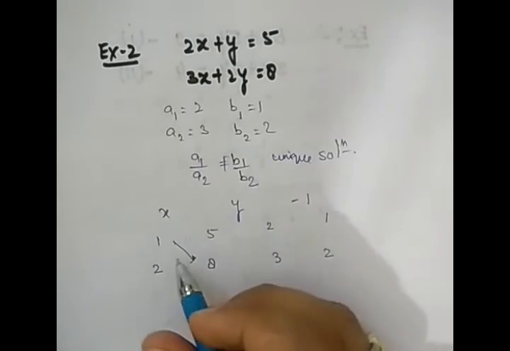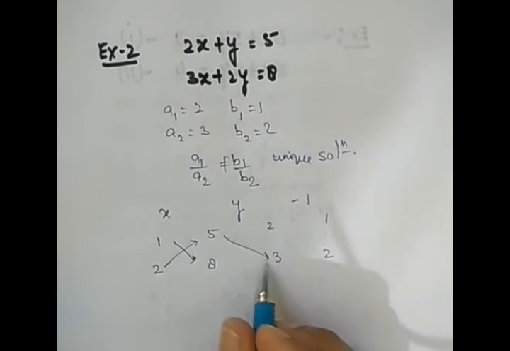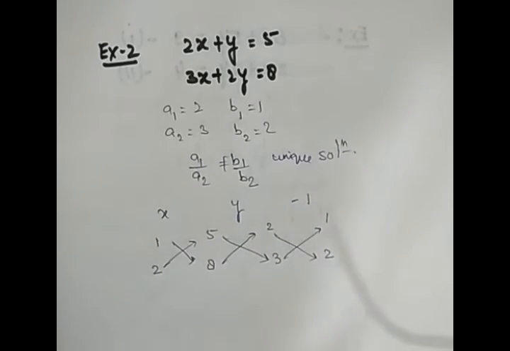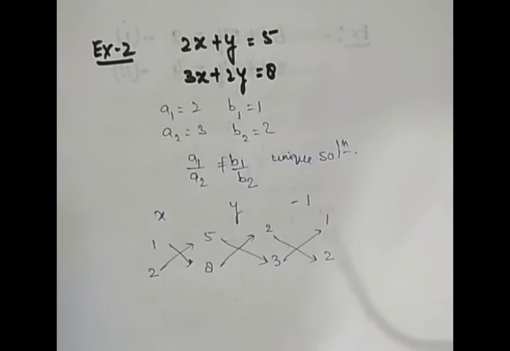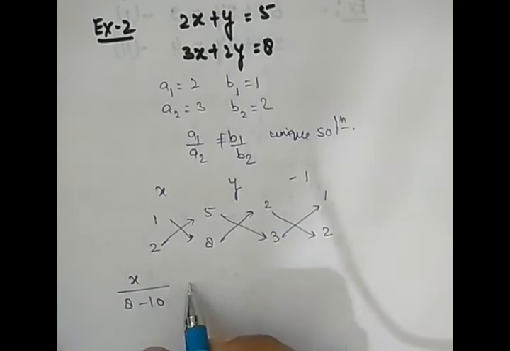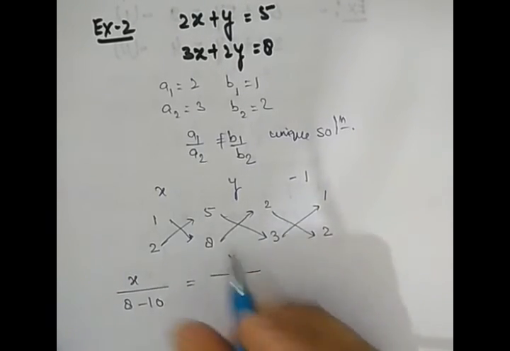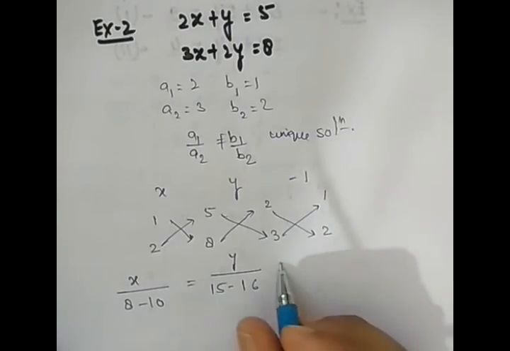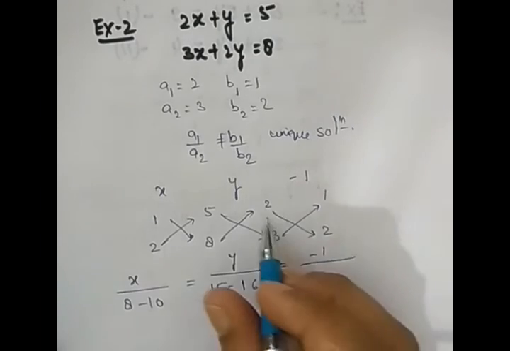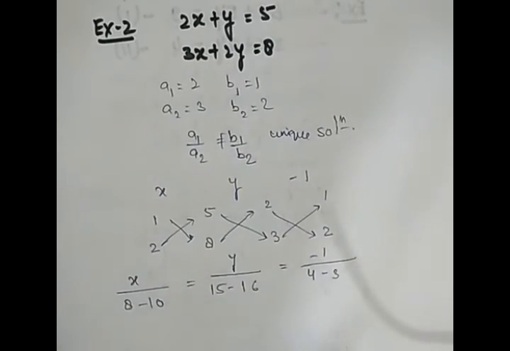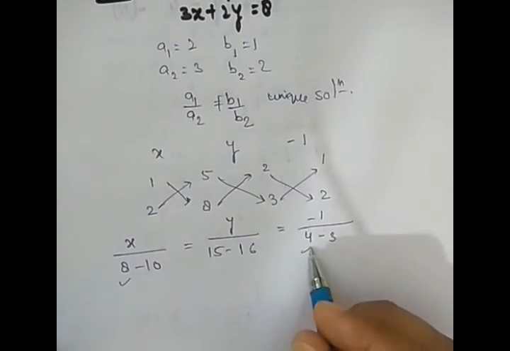Now this multiplied by this, like this. Now we will write this down. This will be x upon 8 minus 10. Then y upon this into this, that is 15 minus 16, is equal to minus 1 upon 2 into 2 is 4 minus 3. Now consider these two.